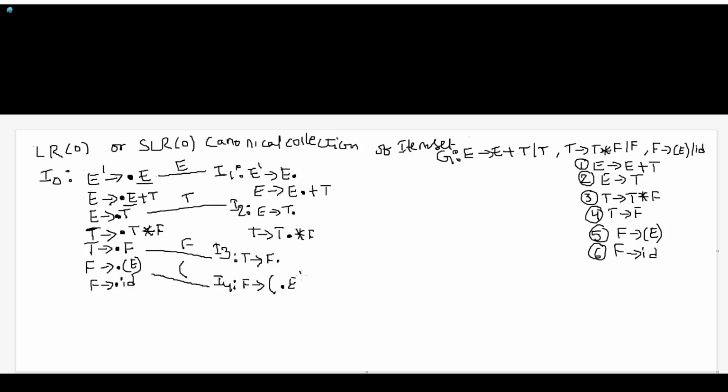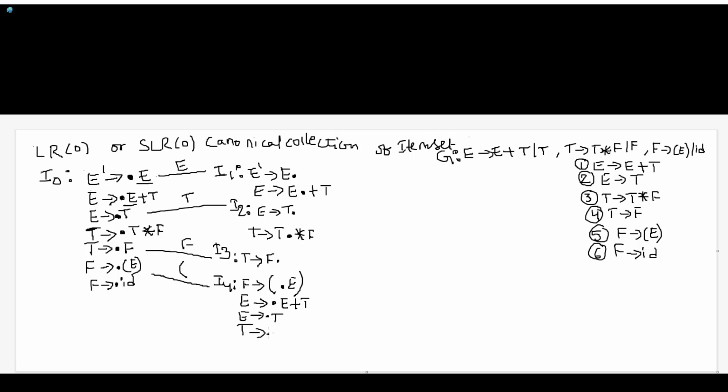So what is our concept? Immediately after the dot, if there is a non-terminal, we have to include those productions. After the dot, we observe a non-terminal E, so include the E productions. What are the E productions we have? E derives dot E plus T and E derives dot T. Again we observed a non-terminal, that is T, so include the T productions.